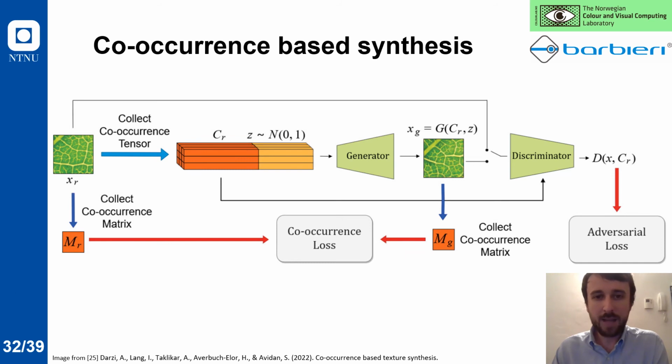They add random noise to these co-occurrence matrices, and then they provide this tensor as an input to the generator. And finally, the discriminator, as this is a traditional GAN, tries to classify the original image and the synthesized image as fake or real.